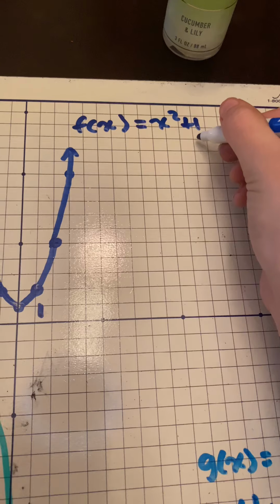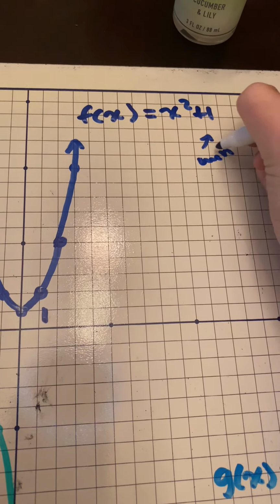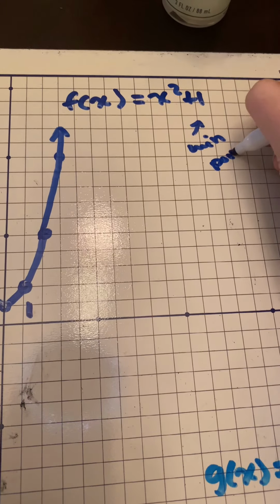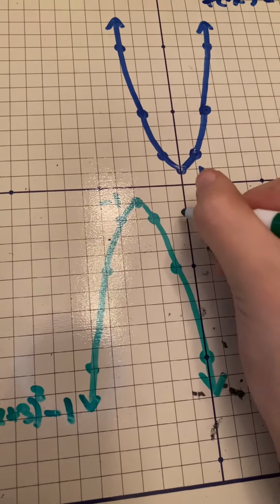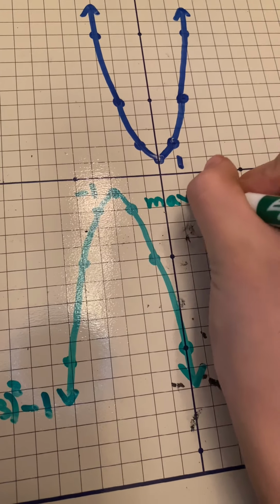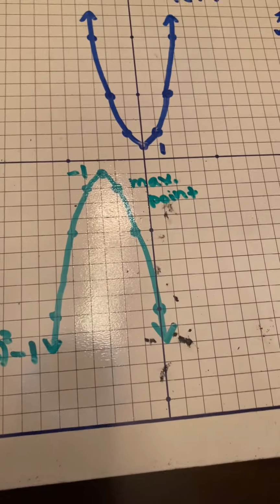So you can see this is your minimum point, and this is your maximum point, right?